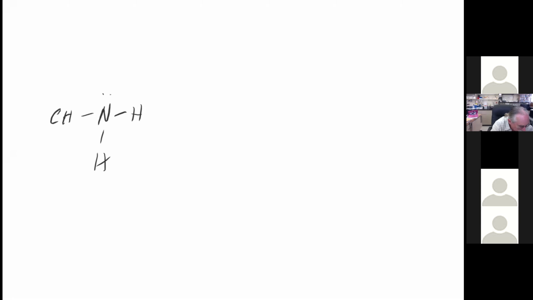So if I make this into a methyl group, now that's called methylamine or aminomethane. So I'm looking at the charges here. This would be the partial positive. This would be the partial negative. This would be also a partial positive, and that would be its partial negative again.